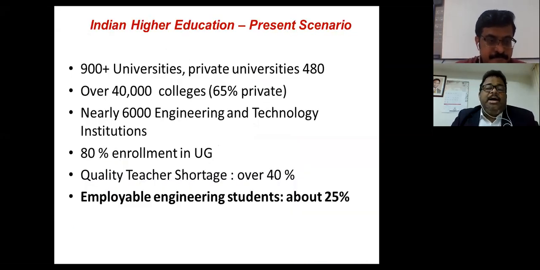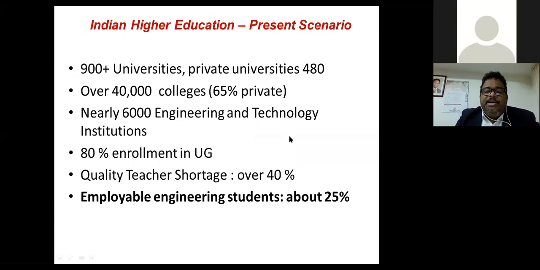So before I start, let us discuss some points on why student-centric is important for us. These points will help us think. We have about 940 universities, and private universities 480, right now about 500, and 40,000 plus colleges.